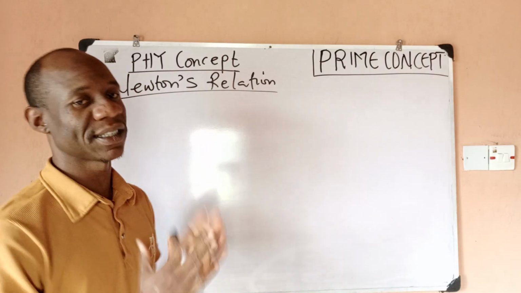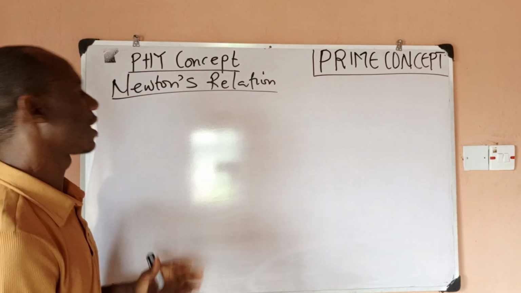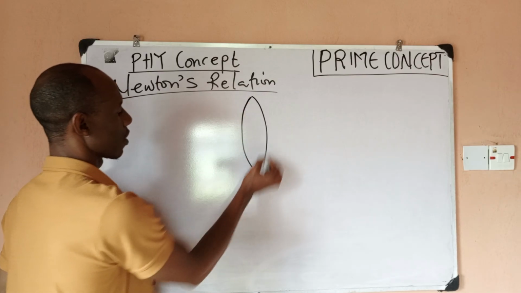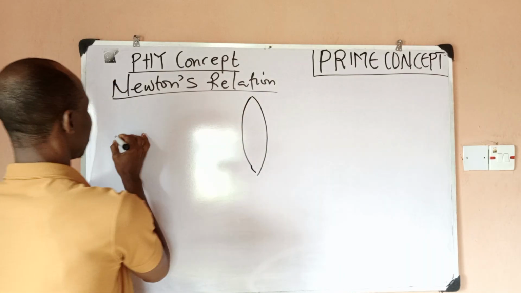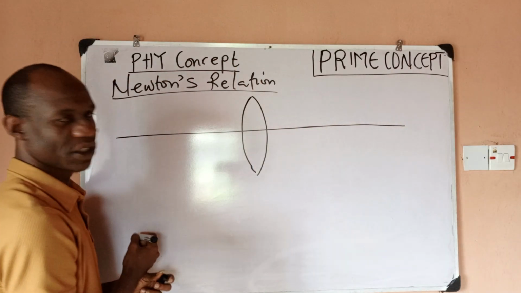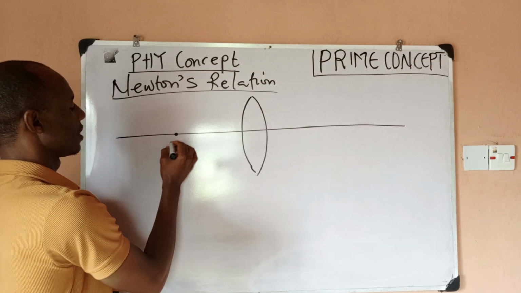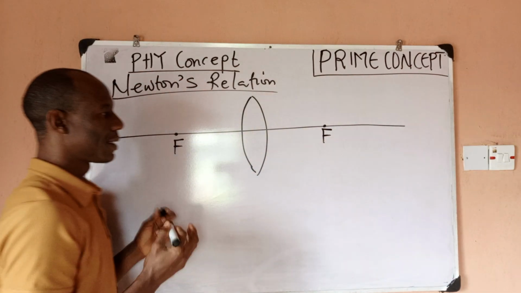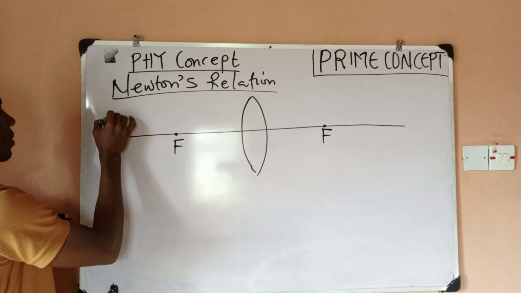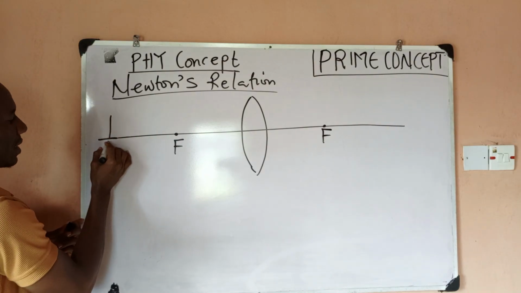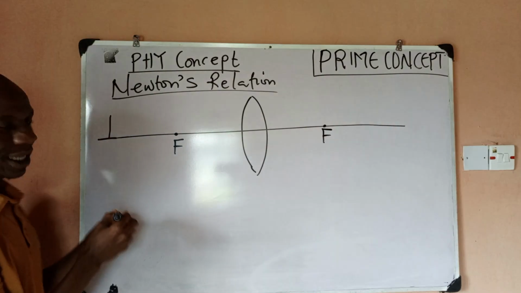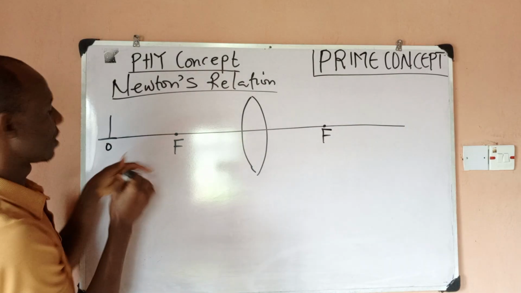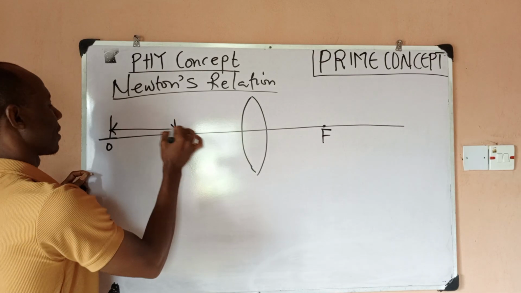So we want to look at the mathematical relationship and how this connects to what I've just explained. Now say we have a lens. Say we have our convex lens in this way, and then this is our principal axis. So if this is my focal point F, and this is my focal point F on the other side, now if I have an object, this is my object, which is placed at some point, I'm going to measure the distance of my object from the focal point as x, right?